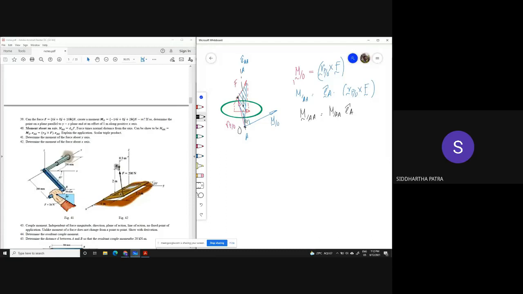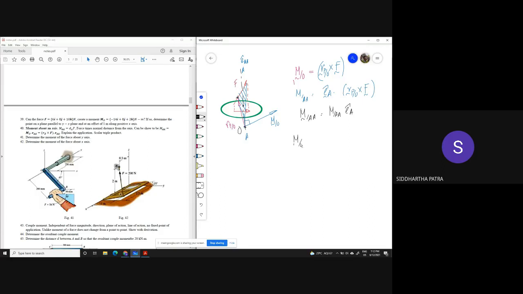The rest of the moment due to this force about this point is essentially perpendicular to the axis. Okay, and that's not the part of the moment that is about this axis. So it's only the parallel part. And yes, so this essentially is the scalar triple product.